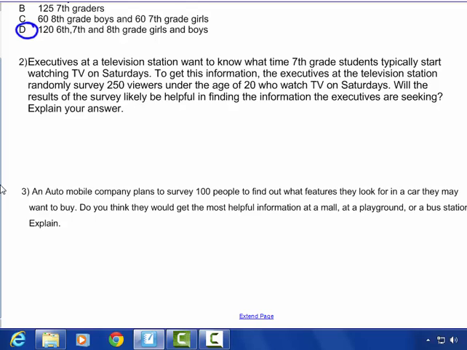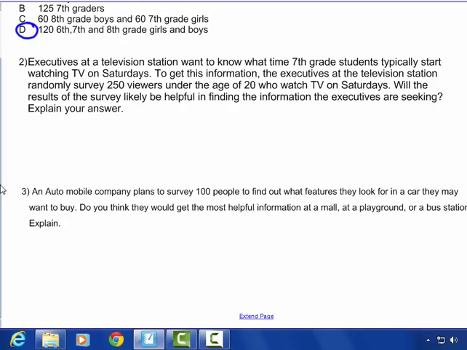Executives at a television station want to know what time 7th grade students typically start watching TV on Saturdays. To get this information, the executives at the television station randomly survey 250 viewers under the age of 20 who watch TV on Saturdays. Will the results of the survey likely be helpful in finding the information that the executives are seeking? Explain your answer.